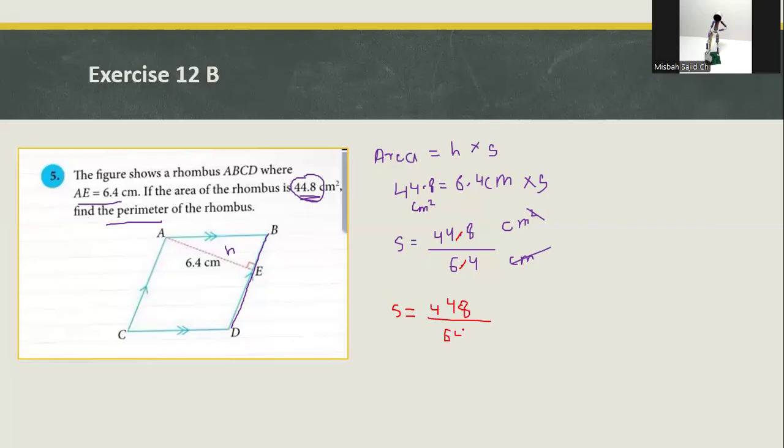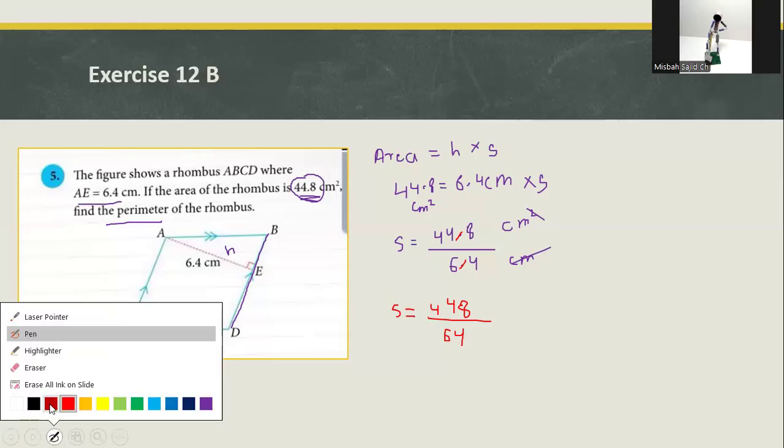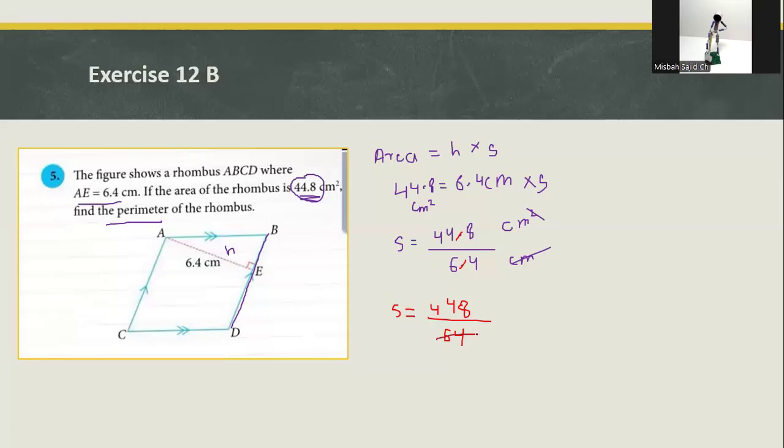Now let's start the simplification. 2 3s are 6, 2 2s are 4, 2 2s are 4, 2 2s are 4, 2 4s are 8, 2 1s are 2, 2 6s are 12, 2 1s are 2, 2 1s are 2, 2 2s are 4, 2 8s are 16, 2 5s are 10, 2 6s are 12.